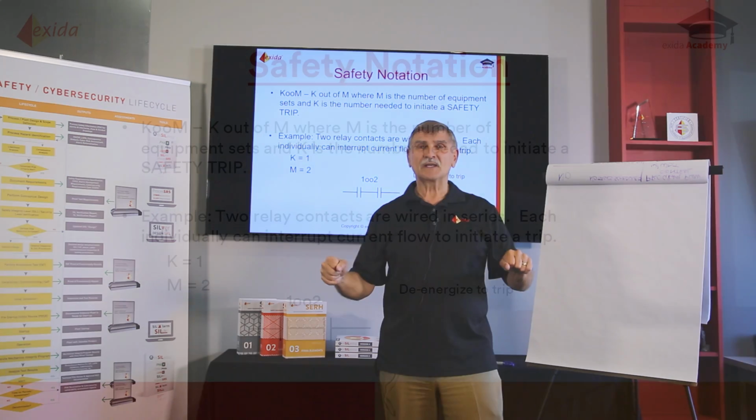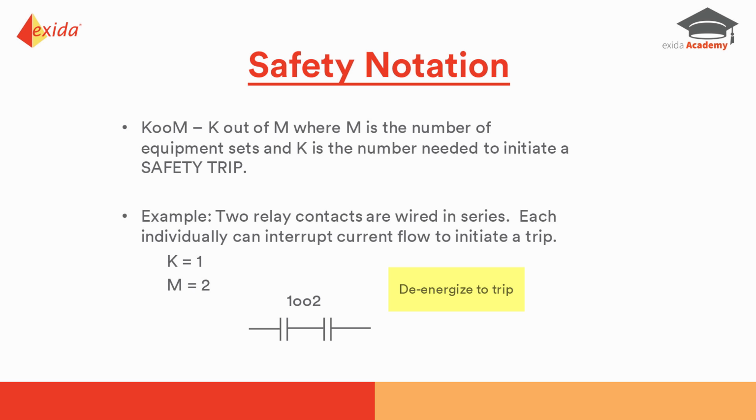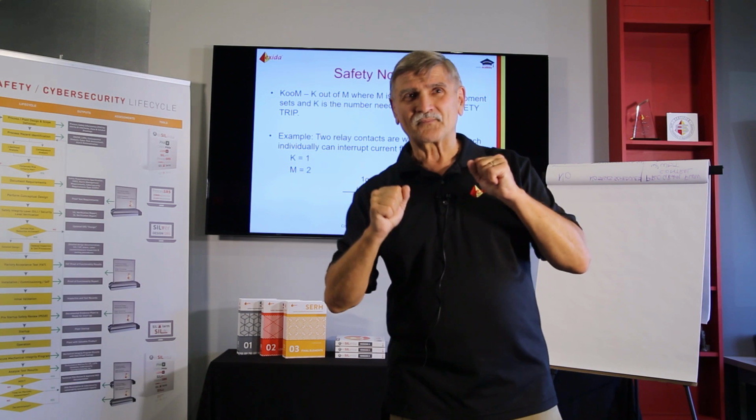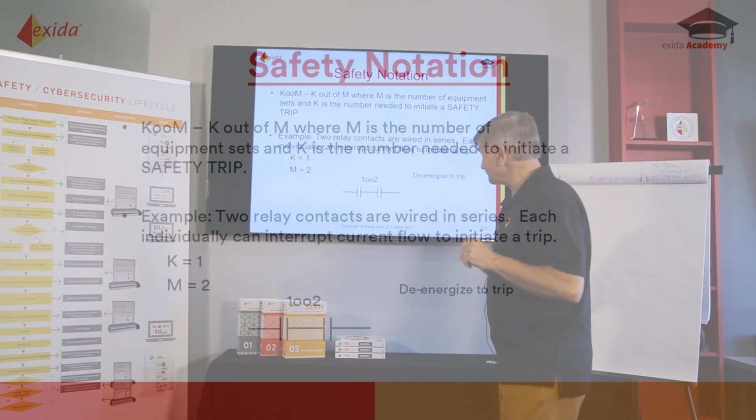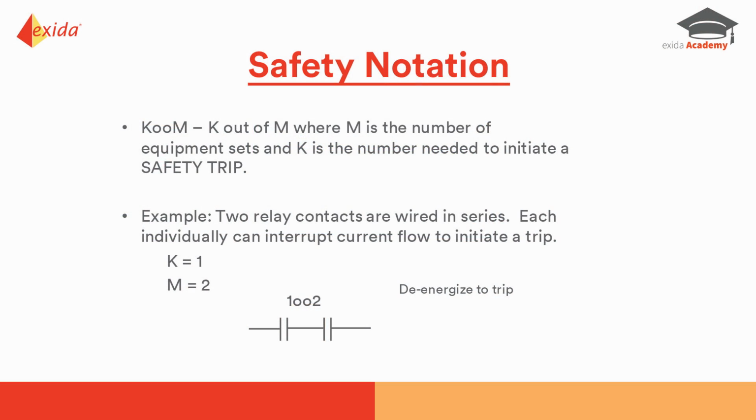In safety, in a de-energized to trip system, and don't forget, as you're getting yourself all wrapped up and confused in this, remember de-energized to trip. We'll talk about that more. I have 2 sets of equipment. I only need one of the 2, 1 out of 2, to perform the safety function.